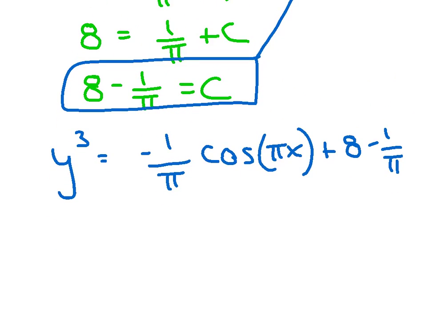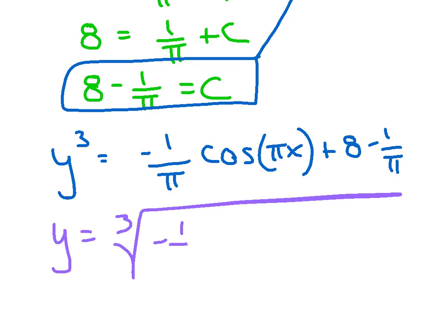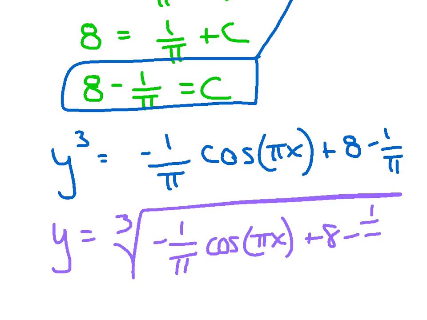So I would say y equals the cubed root of negative 1 over pi cosine of pi x plus 8 minus 1 over pi. Now notice this time I'm not putting a plus minus. So kind of just some basic algebra review. You're only putting the plus minus when you take a square root, or I guess I should say an even root. Odd roots can't be both positive and negative, so it's just y equals the cubed root of this chunk. And there you have it.